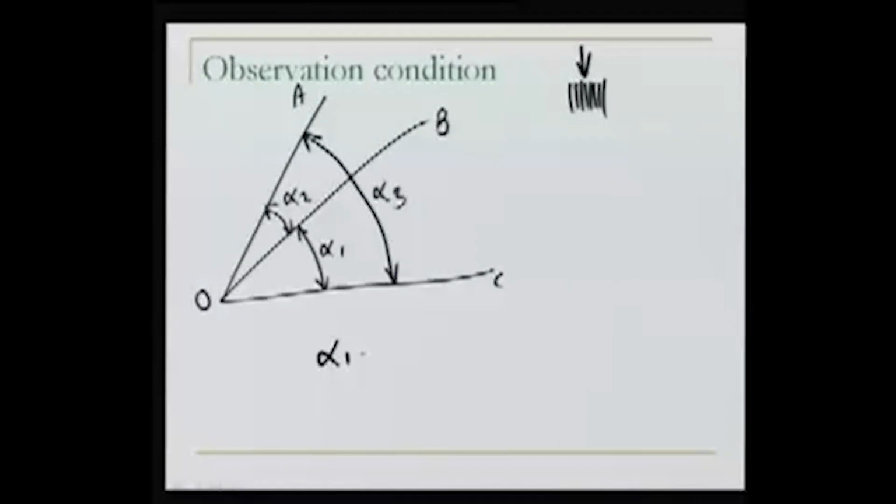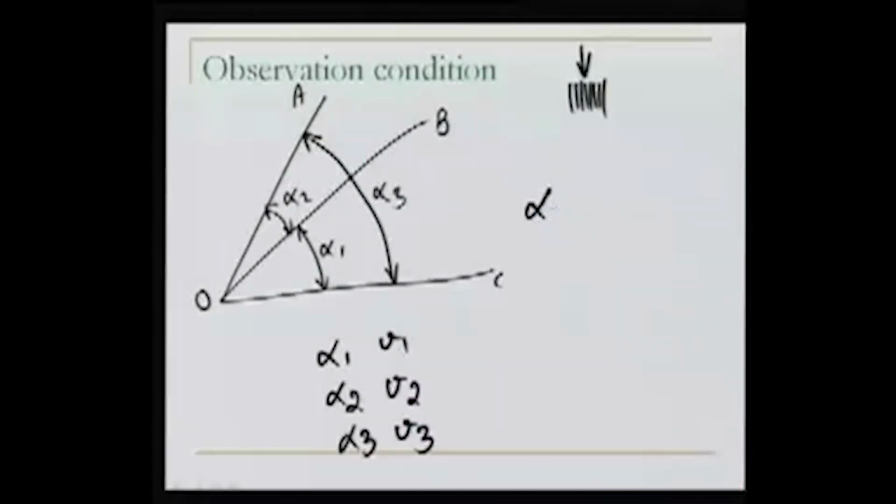Alpha 1 will have some error, let us say V1. Similarly, alpha 2 will have V2 and alpha 3 also will have V3. The observation condition means, had these been true values, with no errors at all in taking the observations, then alpha 3 should have been equal to alpha 1 plus alpha 2.